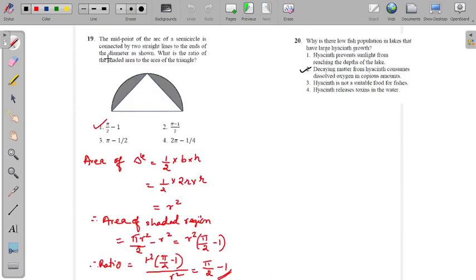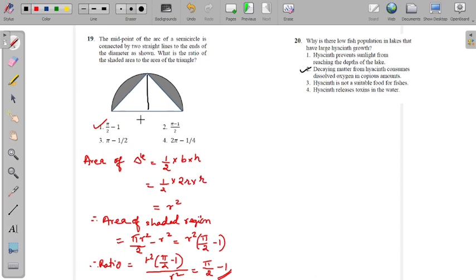Now, last two questions. The midpoint of the arc of a semicircle is connected by two straight lines to the ends of the diameter as shown. What is the ratio of the shaded region to the area of the triangle? First, let me find the area of the triangle. Area of triangle is half into base into height. So this is the height and this is the base, which is nothing but the diameter, 2 times radius, into height, which is also radius. So that gives you r square.